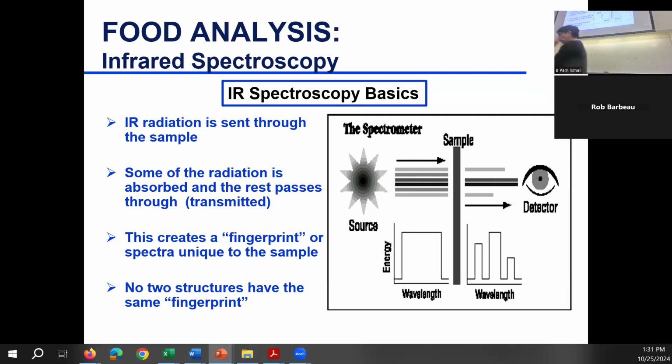Two functional groups that are different, like a carbonyl group from a fatty acid and an OH group from lactose, won't have the same fingerprint or the same absorption. There might be slight overlap, but not the exact same.